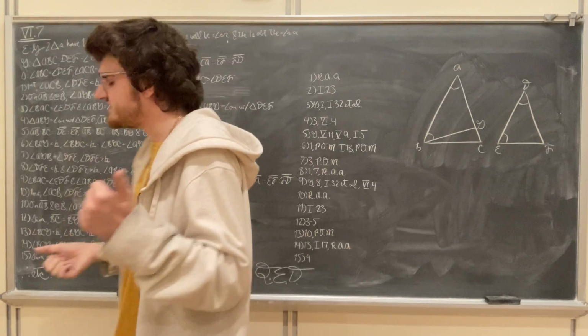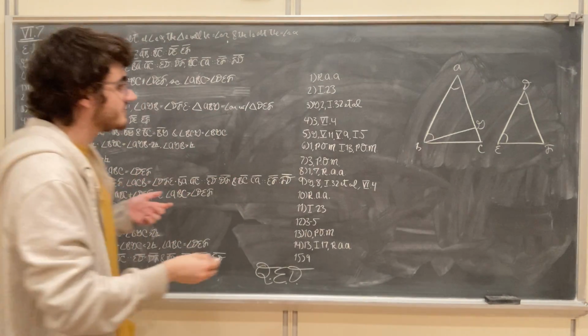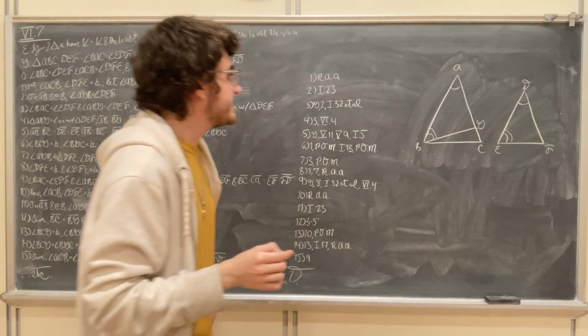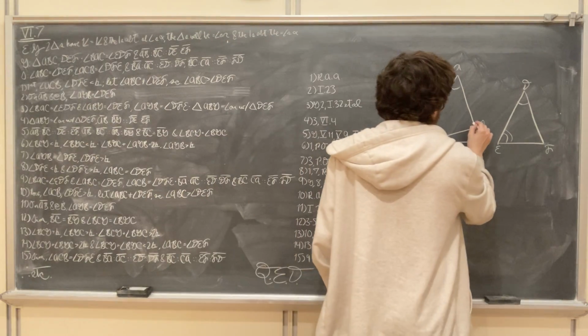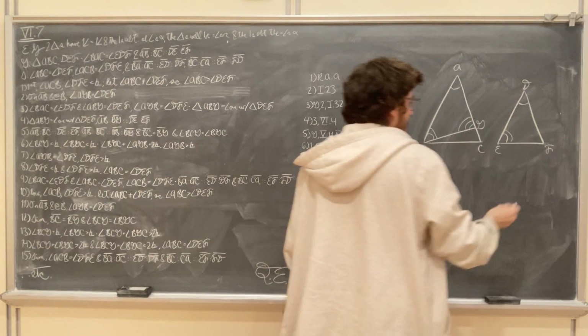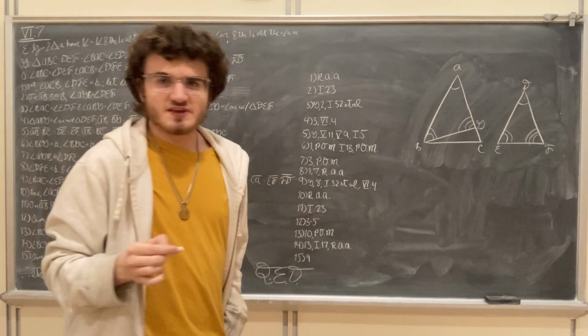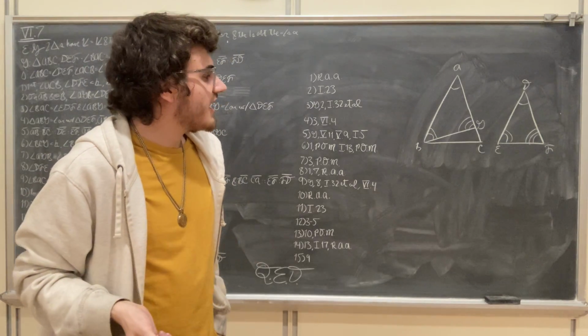Now, the angle BAC being equal to the angle EDF, we were given that, and the angle ABG being equal to the angle DEF, it then must follow that the third angle AGB is equal to the third angle DFE. You can prove this just by proposition 1.32 and some other stuff.